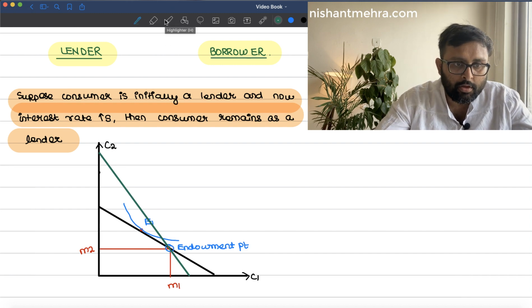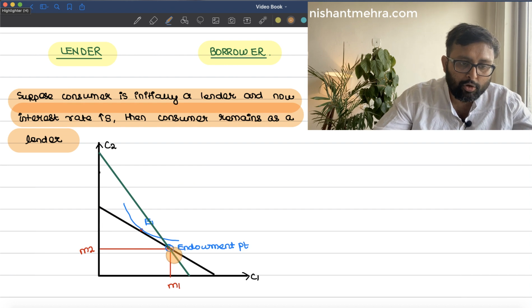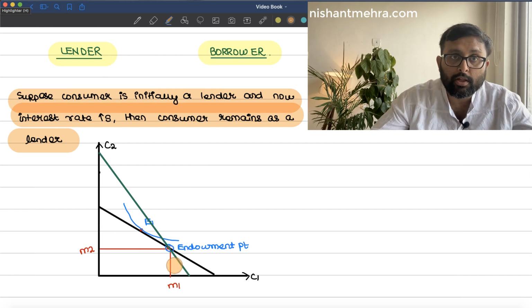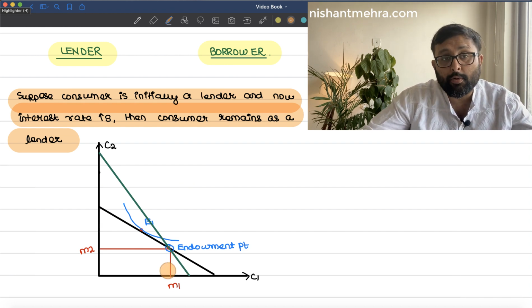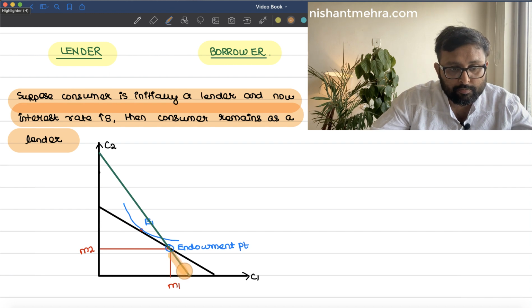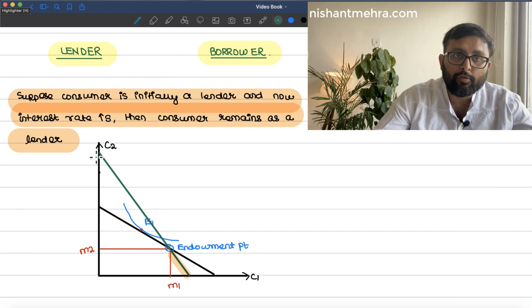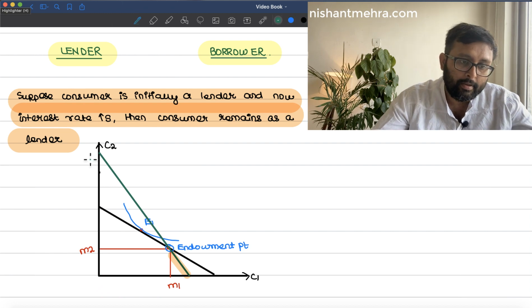Yes. Okay. Now the question is, can you consume points to the right of the endowment point in the new budget line? What are the points to the right of the endowment point in the new budget line? These ones. These points are to the right of the endowment point in the new budget line.